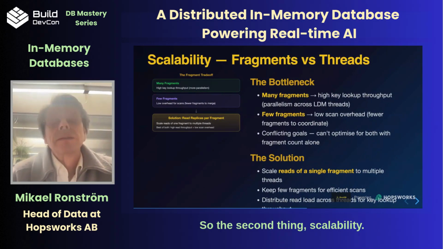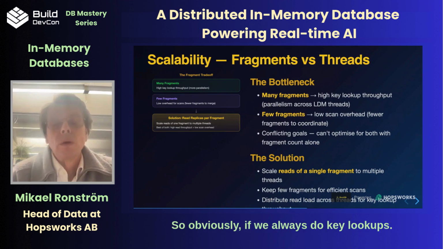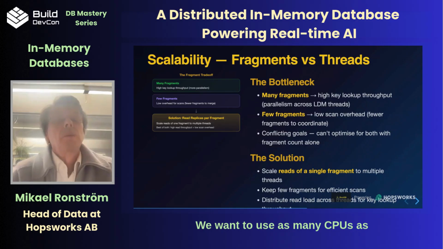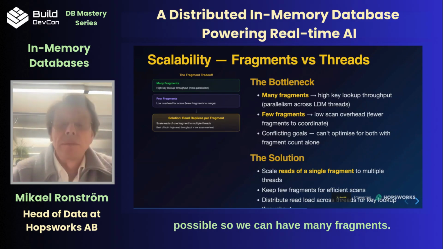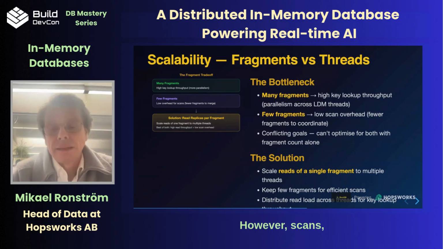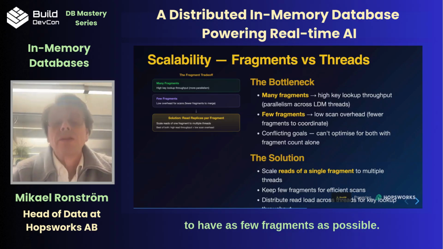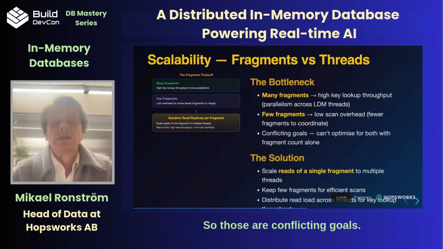So the second thing, scalability, fragment versus thread. Obviously if we always do key lookups, we want to use as many CPUs as possible, so we can have many fragments. However, scans tend to prefer to have as few fragments as possible. So those are conflicting goals.